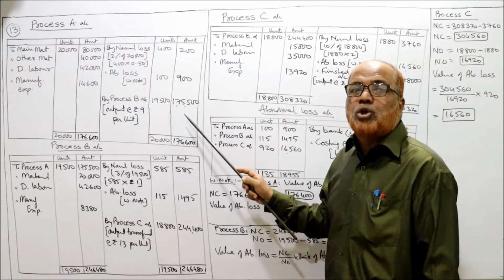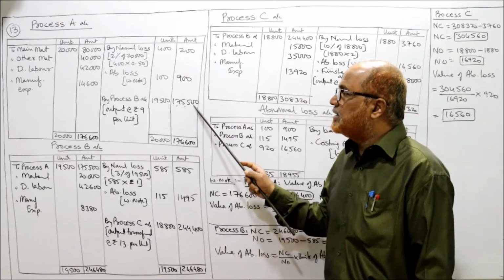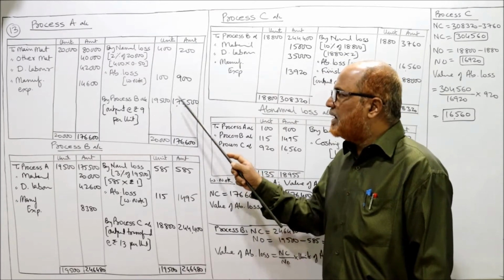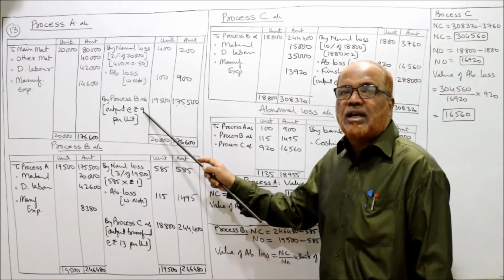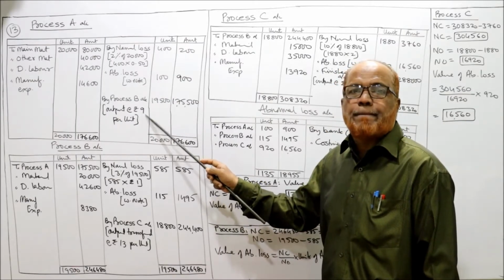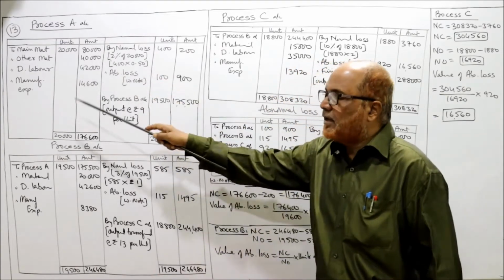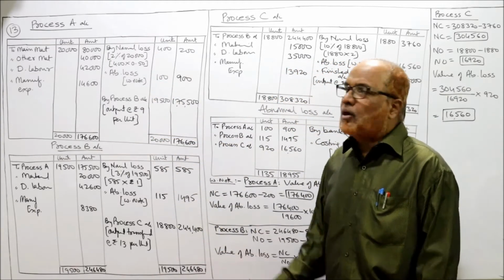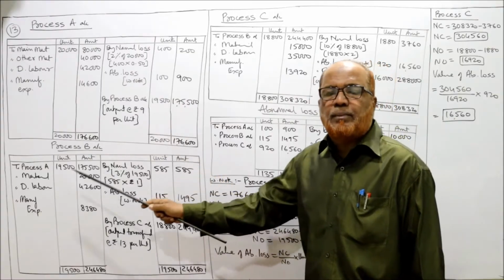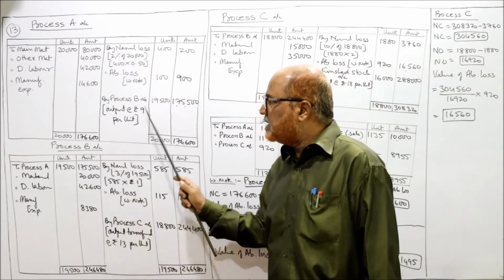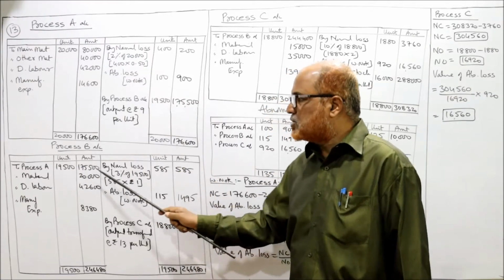The value of output is 1,75,500. Now we will divide 1,75,500 by 19,500, you are going to get 9 rupees per unit. So 9 rupees per unit is the cost per unit in process A completed. Now the output of this process A will become input for process B. Now process B. To process A 19,500, 1,75,500.